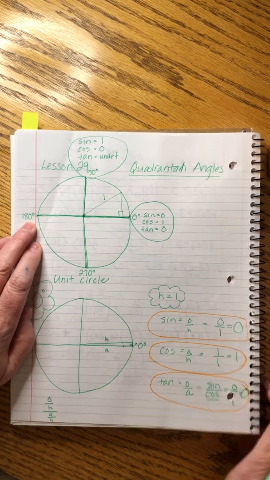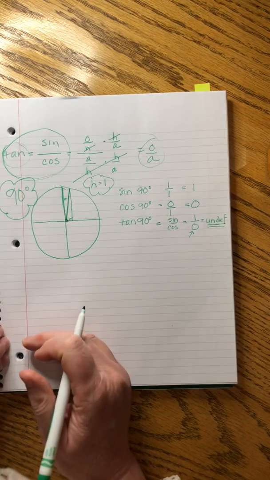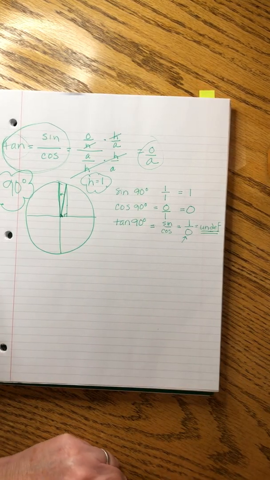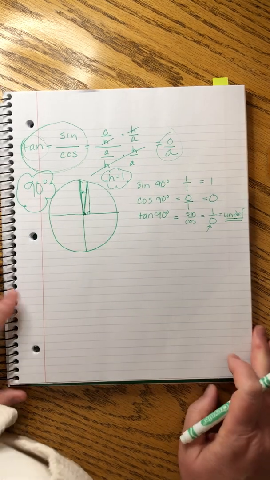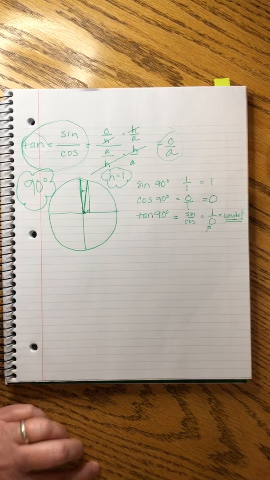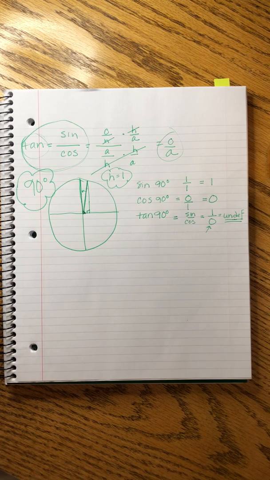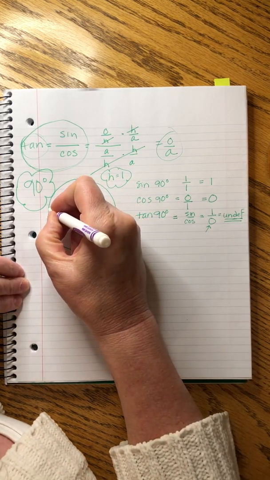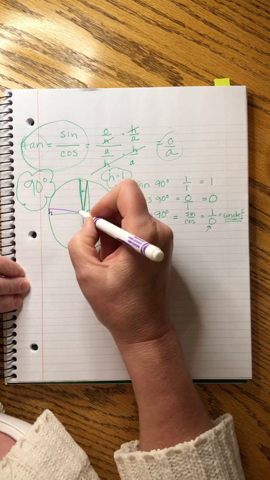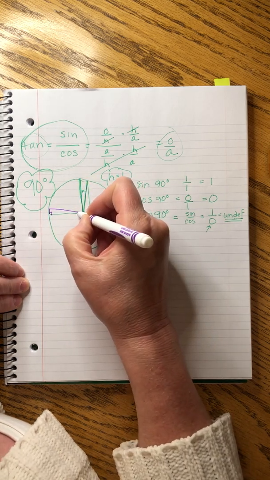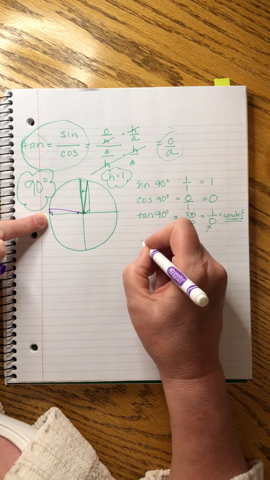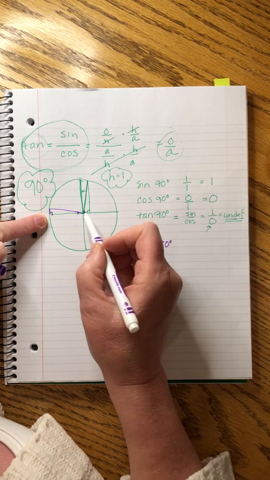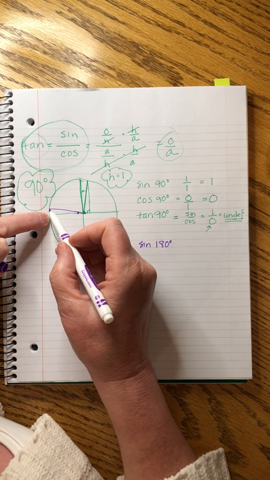Now let's look at 180. I'll do it on this same picture. I'll just use a different color so that you can tell. Okay, when we approach 180, our triangle's gonna look kind of like this, isn't it? And we'll be here, and the sine of 180, that's the opposite side. That's gonna be the tiny side again, right?